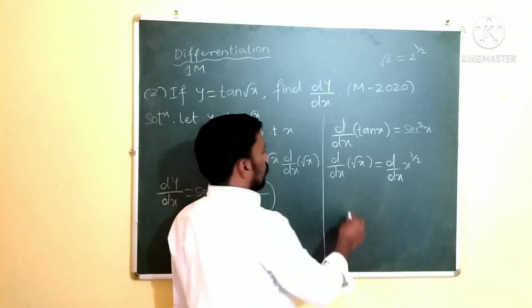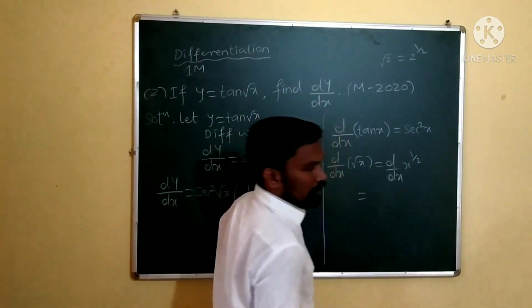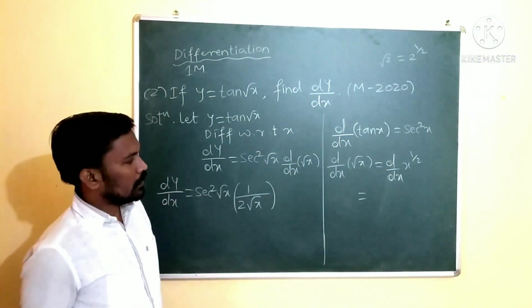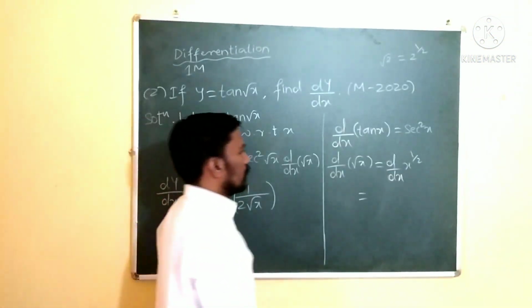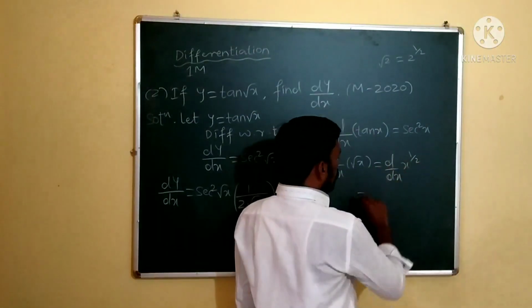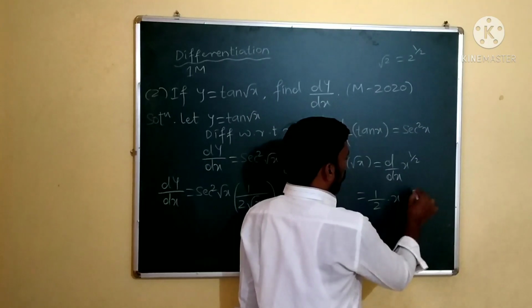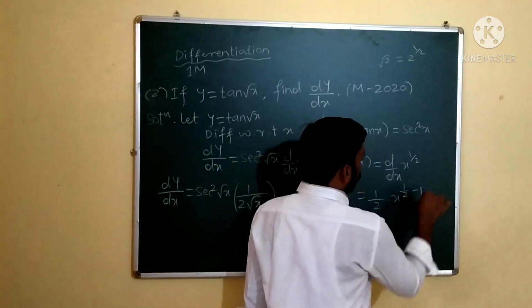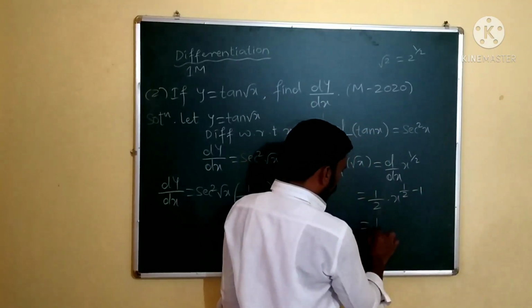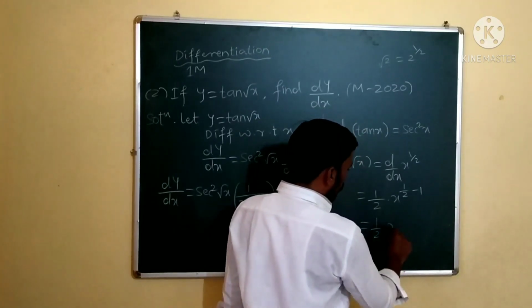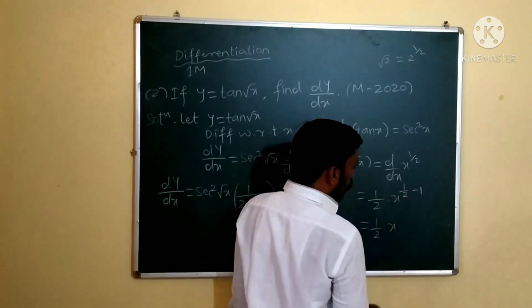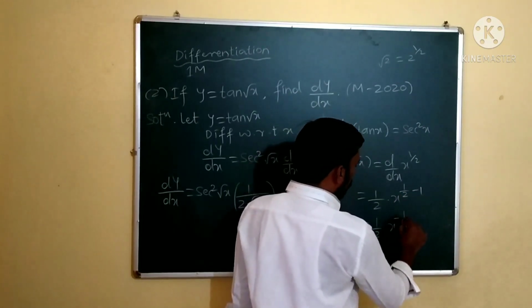Now apply the formula: d by dx of x to the power of n is n into x to the power of n minus 1. Here n is 1 by 2. So it is 1 by 2 into x to the power of 1 by 2 minus 1, and 1 by 2 minus 1 is minus 1 by 2.